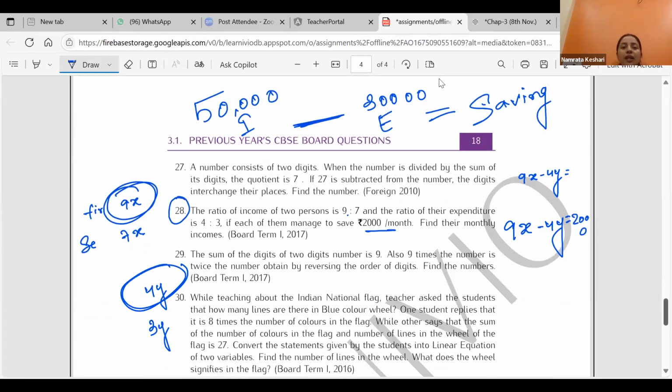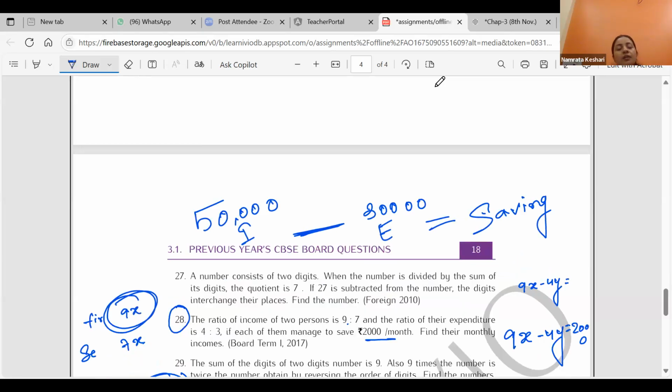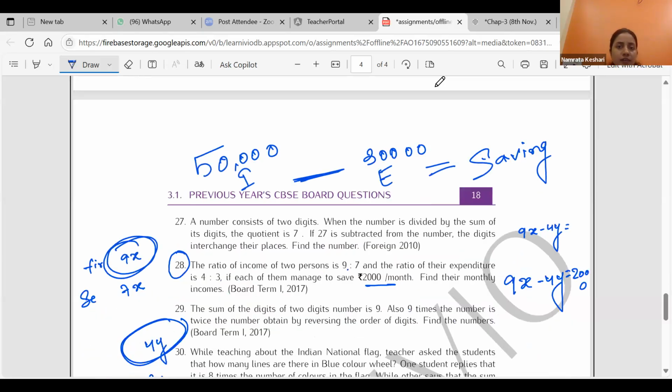And just now you realized that income minus expenditure means saving. In mathematics we don't think in that detailed manner. Whatever the person is earning and whatever the person is spending, if we subtract that, the remainder goes to the saving part.